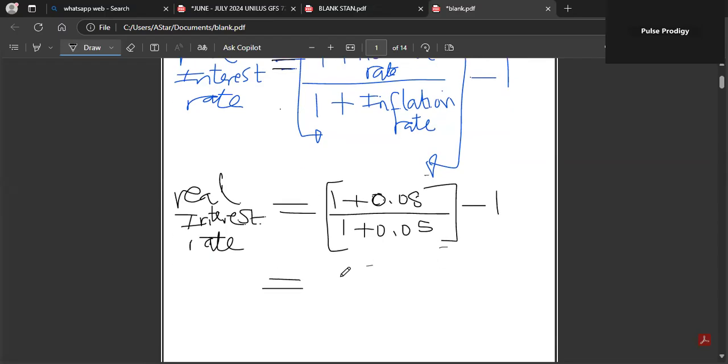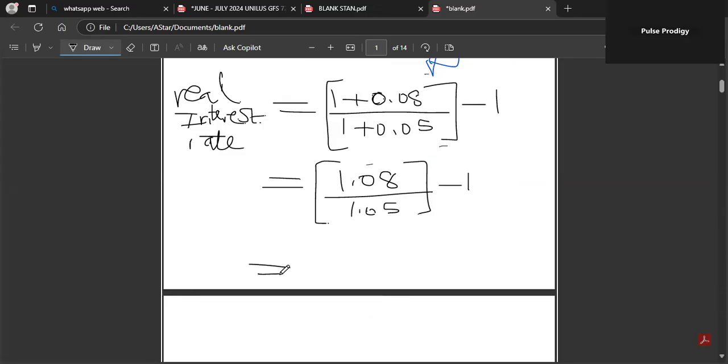So what are we getting now? 1.08 over 1.05, minus 1. What is the answer? It's giving us 1.02857. Then minus 1.